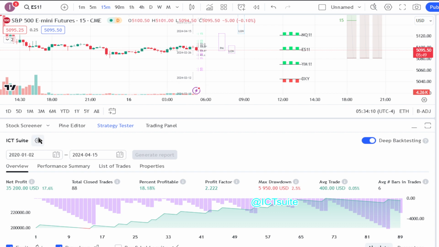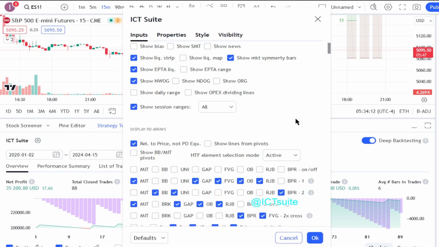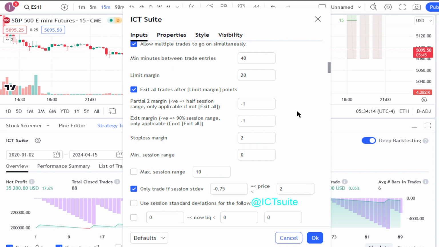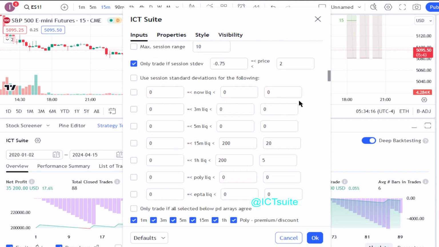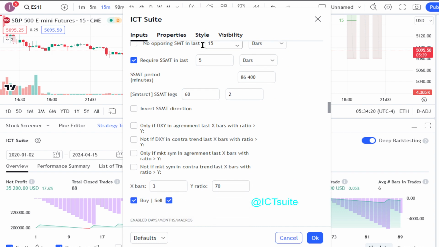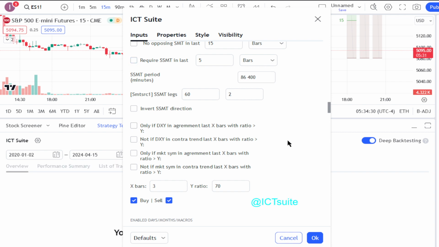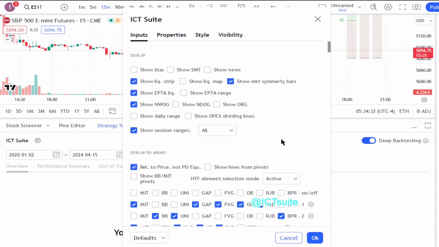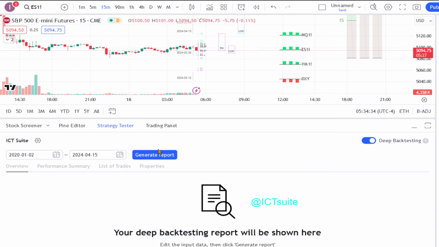And I see there is something wrong here. Probably I have to switch off something. Yes, we have a sequential SMT applied. I don't want to have that, so I just switch it off.